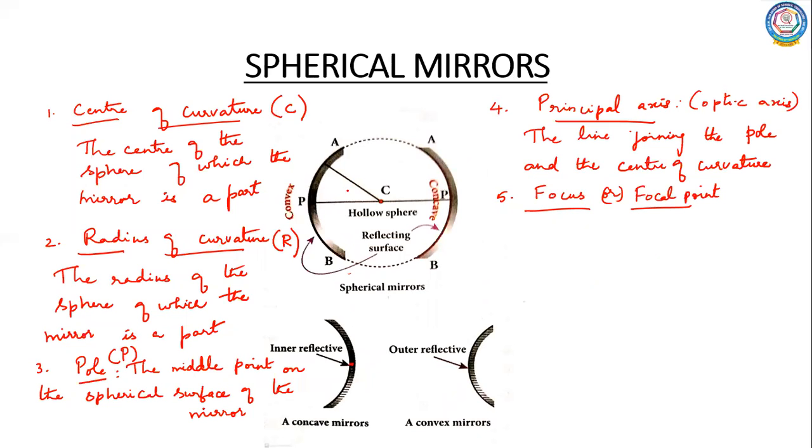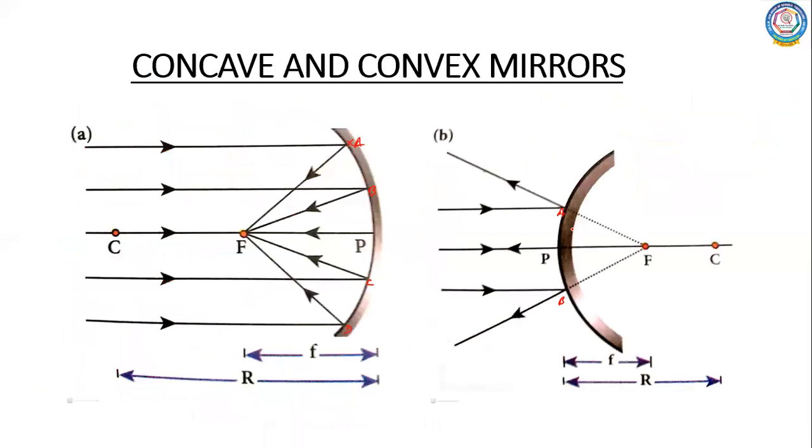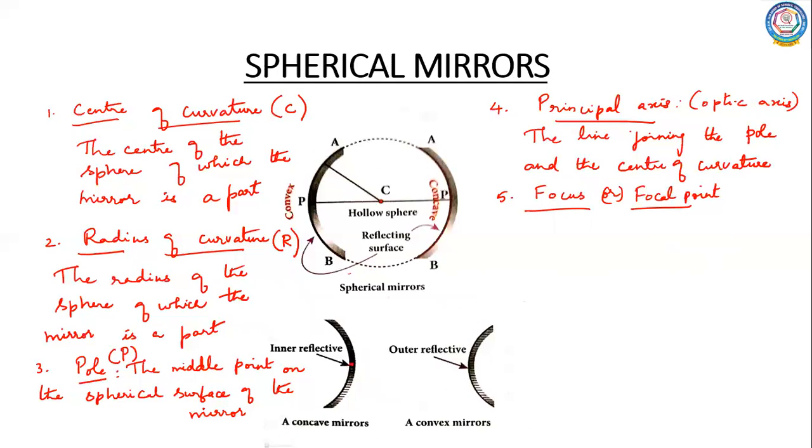Light rays traveling parallel and close to the principal axis, when incident on a spherical mirror, converge at a point for a concave mirror or appear to diverge from a point for a convex mirror. So this point is the focus or focal point of the mirror. I cannot write the whole definition here, so I have explained it with respect to this diagram, children. Right? The next term we are going to learn is focal length.